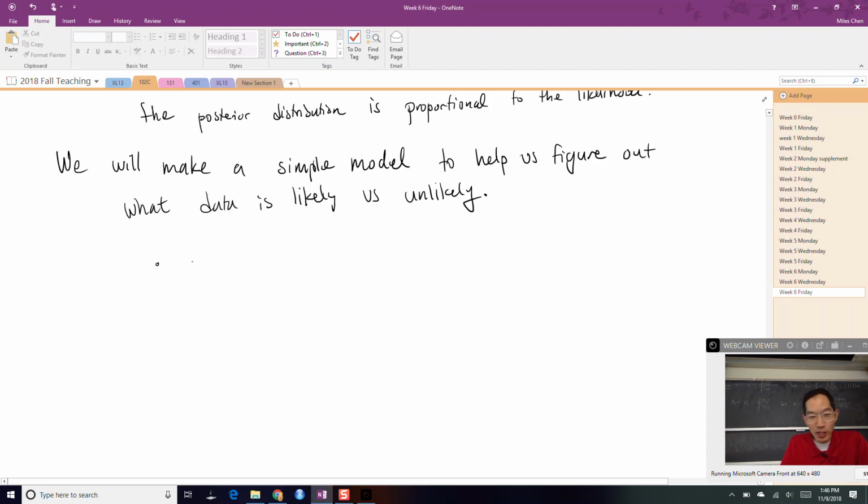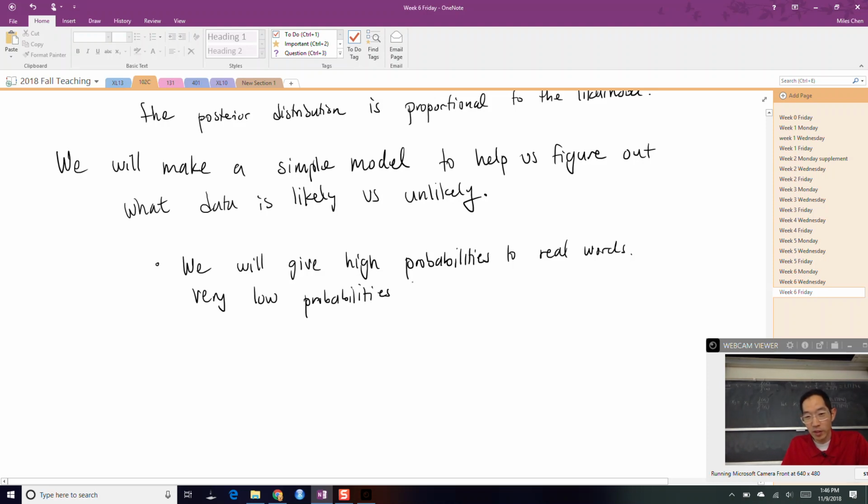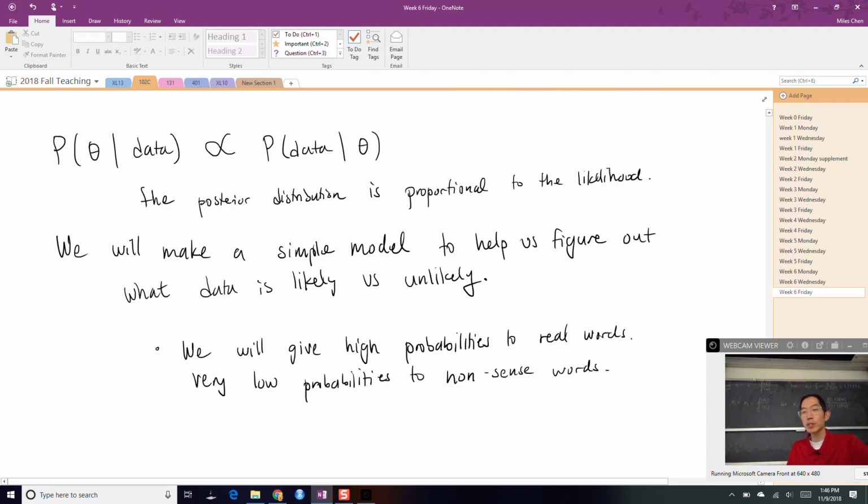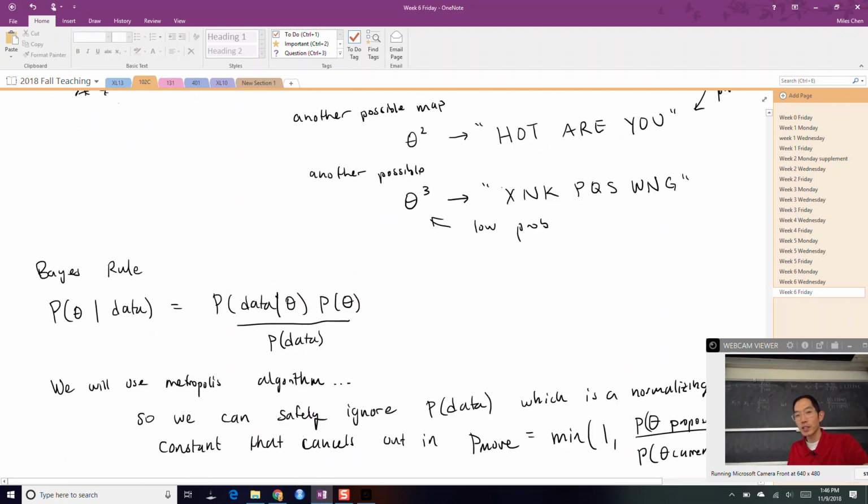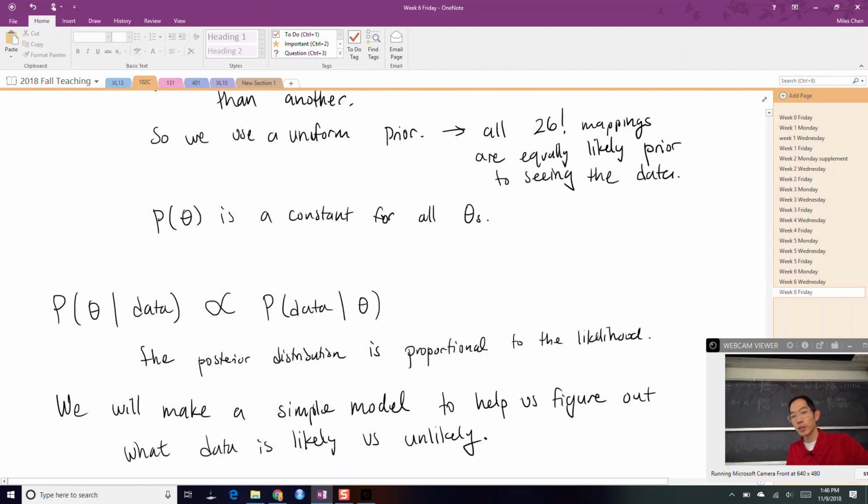Okay, so part of this will be that we give high probabilities to real words and very low probabilities to nonsense words. Now, why would I give a very low and not a 0 probability? Why wouldn't I assign the probability of XNK to be 0?